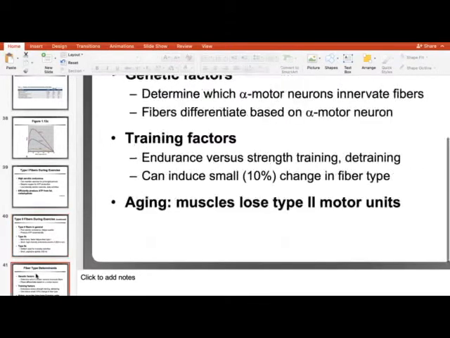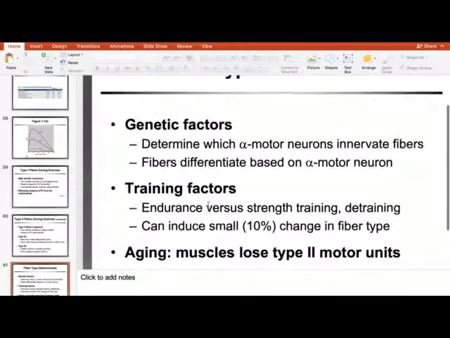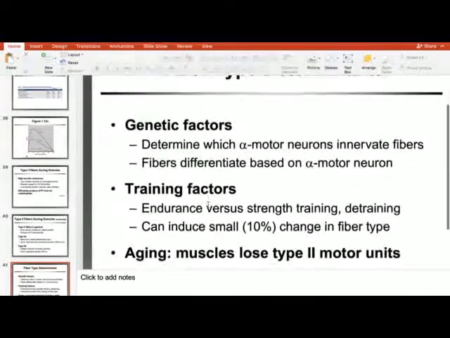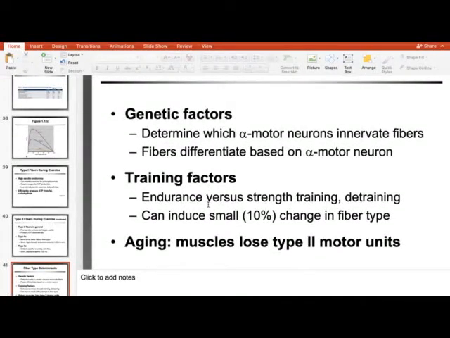All right, so what determines the type of fiber types that you have? Well, genetics. And also the number or type of alpha motor neurons that are going to innervate those fibers.